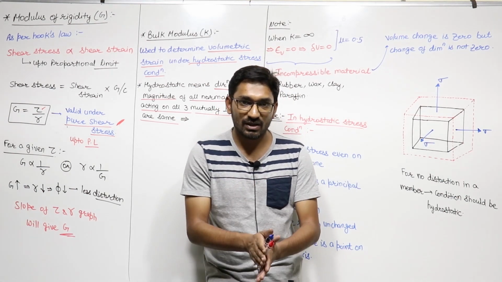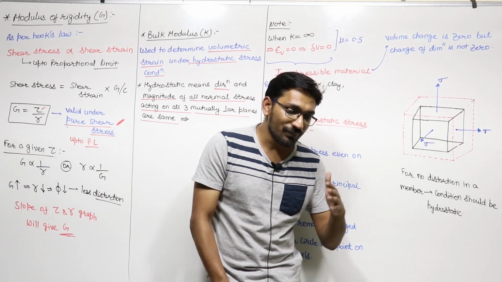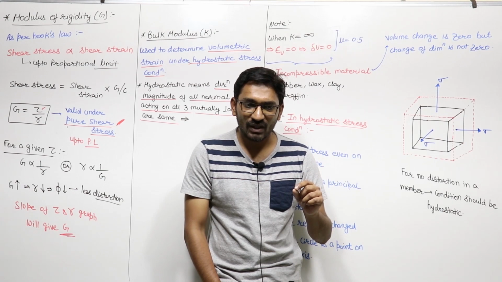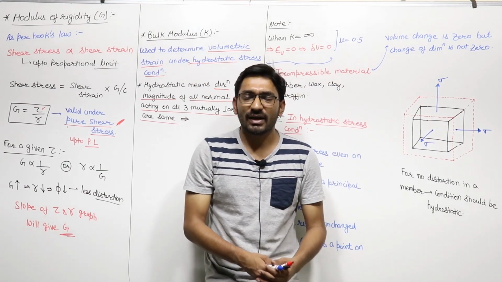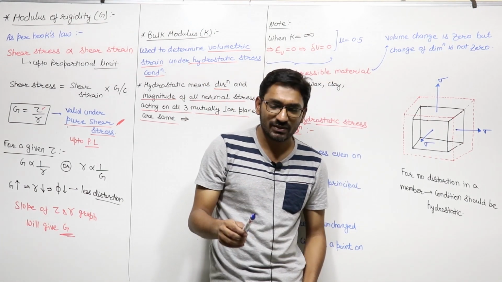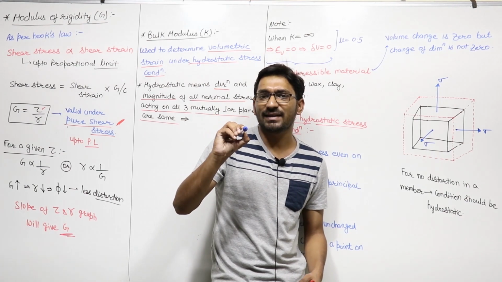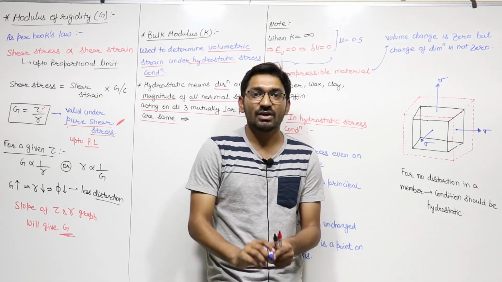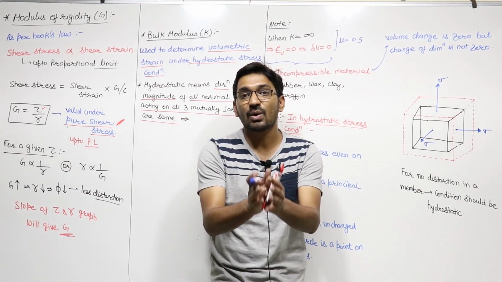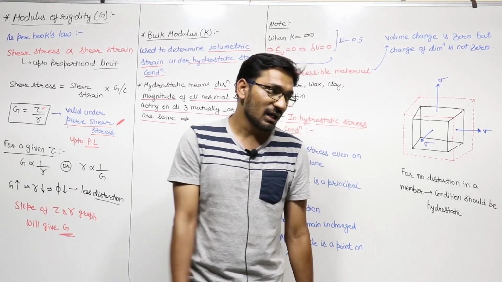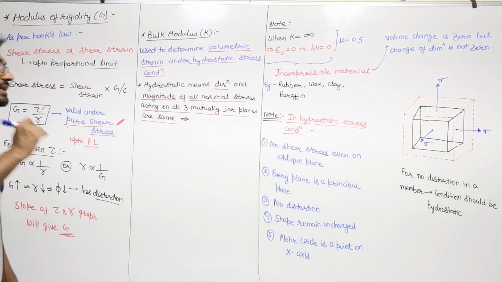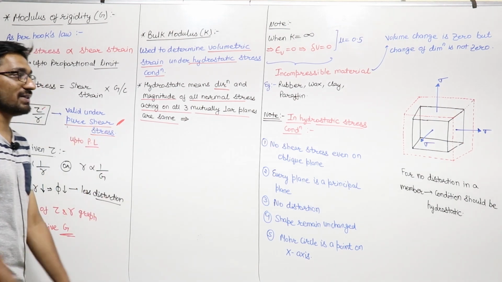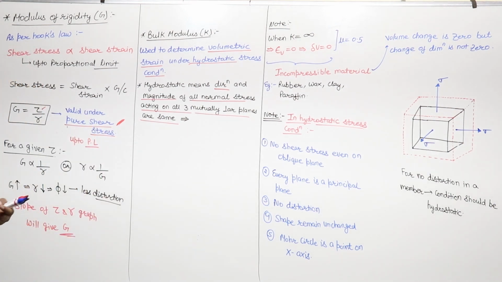We will also see in fluid mechanics what hydrostatic means. If water or any fluid is at rest, then at any point inside that water, the pressure in all directions will be the same. That condition is known as the hydrostatic state of stress, where the direction and magnitude of all three normal stresses on all three mutually perpendicular faces are the same.